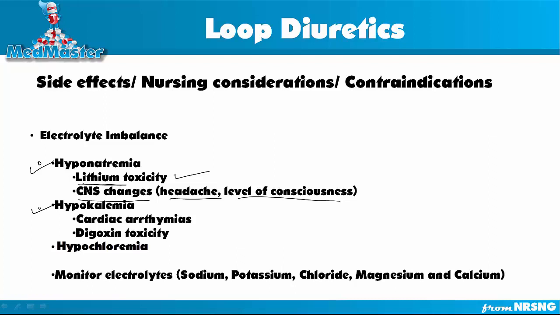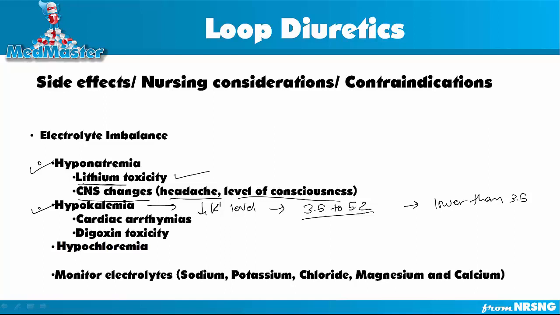Another electrolyte imbalance is hypokalemia. The normal potassium level is 3.5 to 5.2. Usually if potassium is lower than 3.5, it can cause cardiac arrhythmia and also digoxin toxicity.